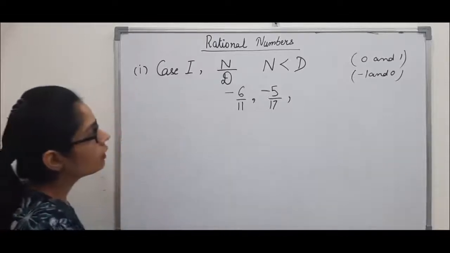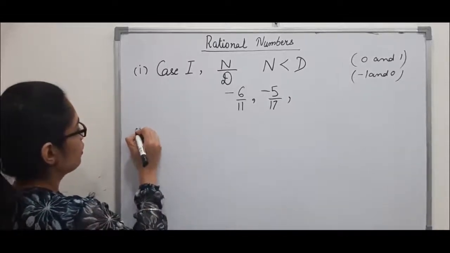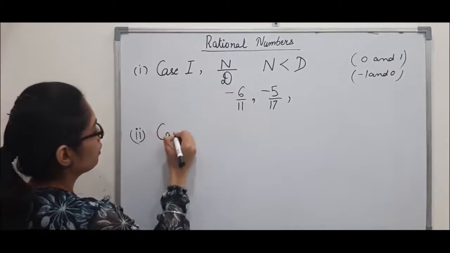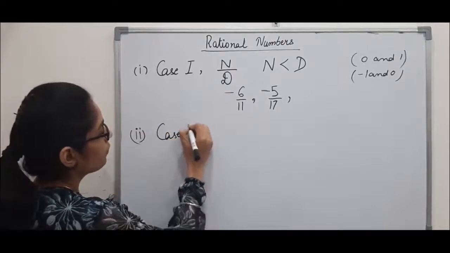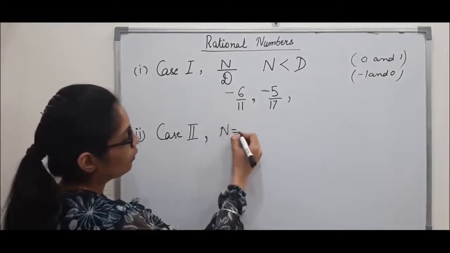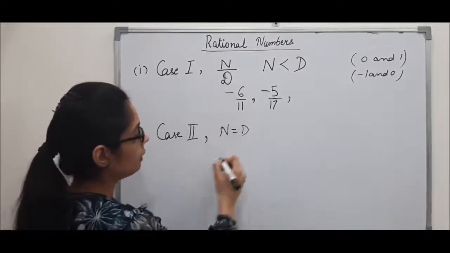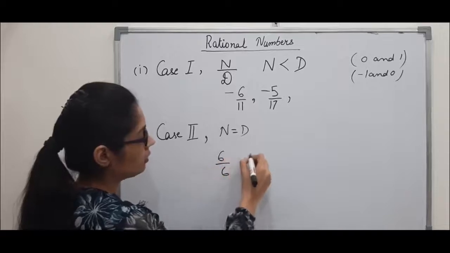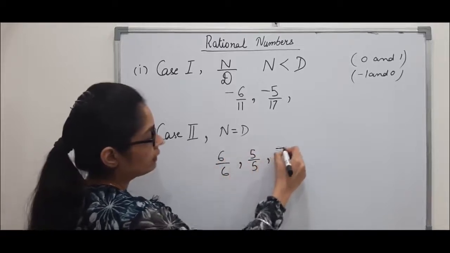Then we have the second case, when your numerator is equal to the denominator. For example, we can take 6 by 6, 5 by 5, 7 by 7.